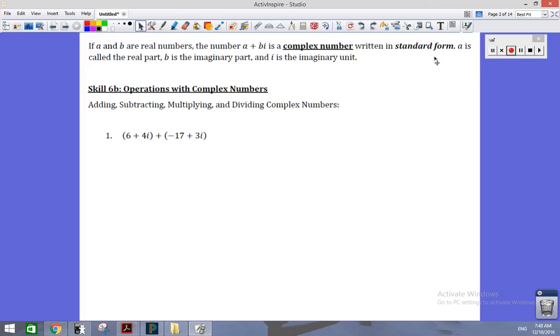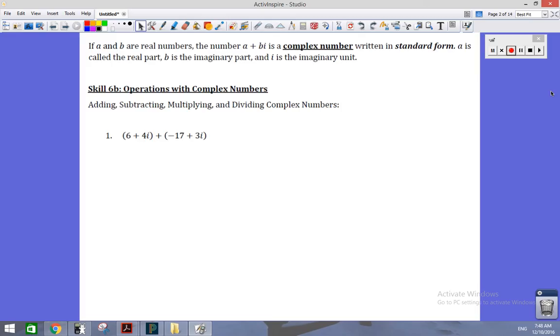I'm going to call a the real part of this complex number, this value b the imaginary part, and this i the imaginary unit. It is very common in textbooks to call a the real part and b times i the imaginary part. So I'm separating this into three distinct parts: the real part, the imaginary part, and the imaginary unit.